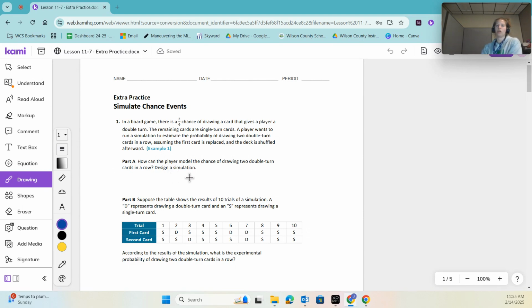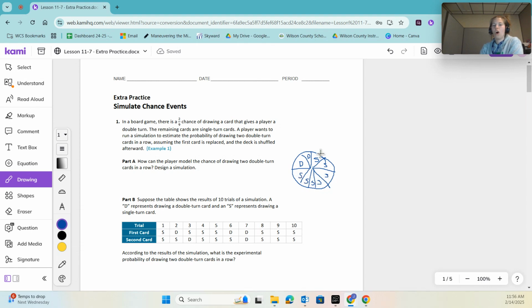Design a simulation. So we have 2 out of 9. If we have a spinner with 9 sections, we can label 2 of them with a D and the rest S's.